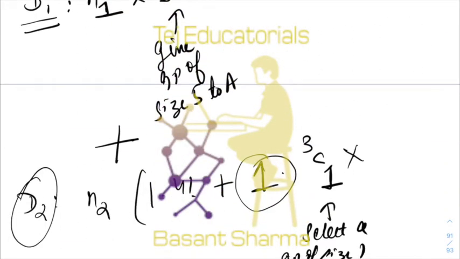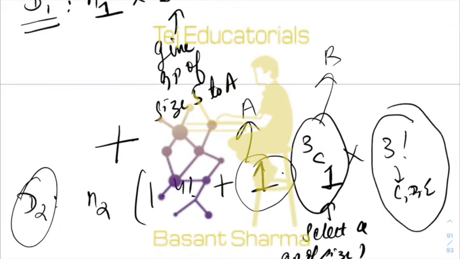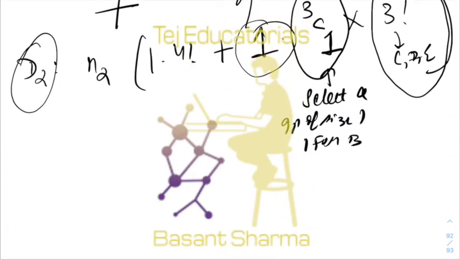So distribute the remaining groups in 3 factorial ways amongst C, D, E. So this one was, you gave one group of size 2 to A, and then you selected a group of size 1 for B, and now the remaining groups, one of size 4 and two of size 1, you distribute among C, D, E in 3 factorial ways. So this is corresponding to D2.